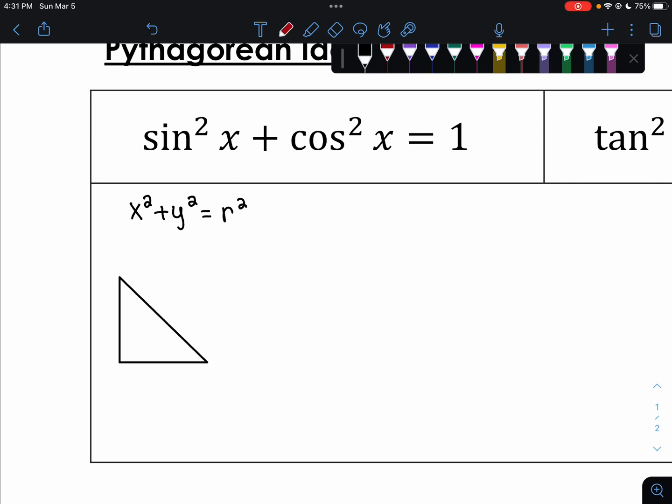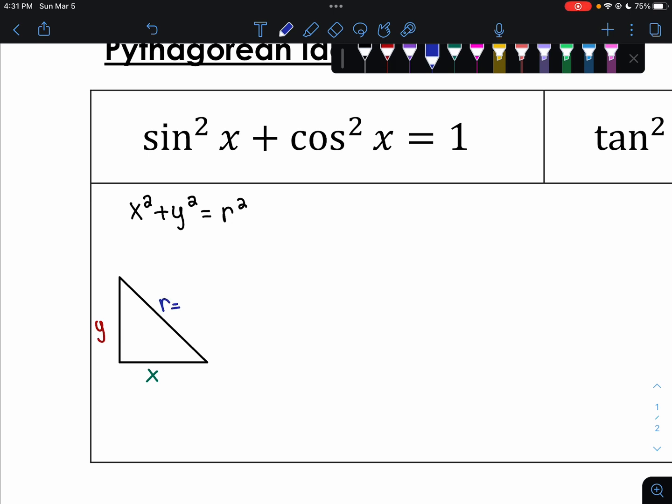So if we look at it, my x distance is represented right here. My y distance is my vertical distance. And my radius, my r, would be right here.